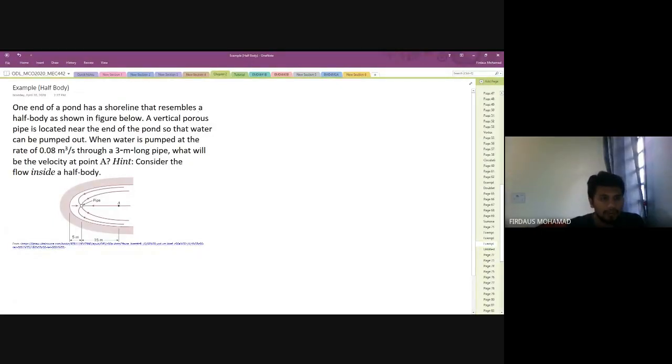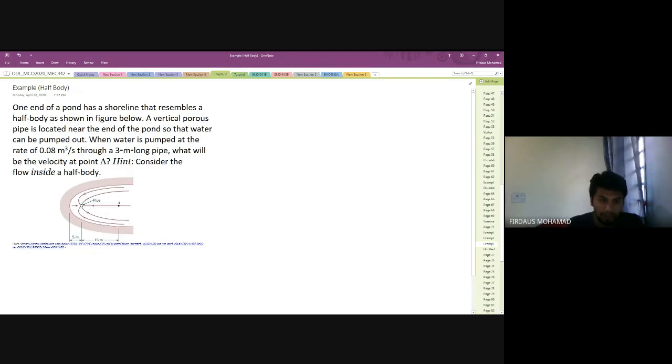One end of a pond. So you have this pond that has a shoreline that resembles a half body as shown in the figure below. A vertical porous pipe, so you have a pipe coming from the bottom of this pond, located near the end of the pond, so that water can be pumped out.